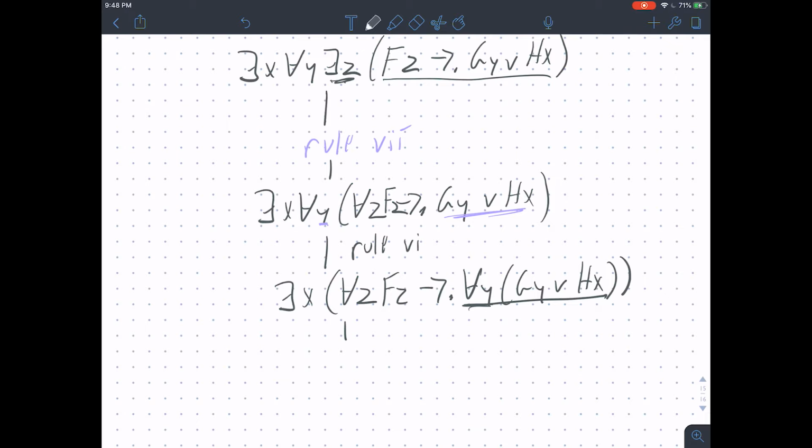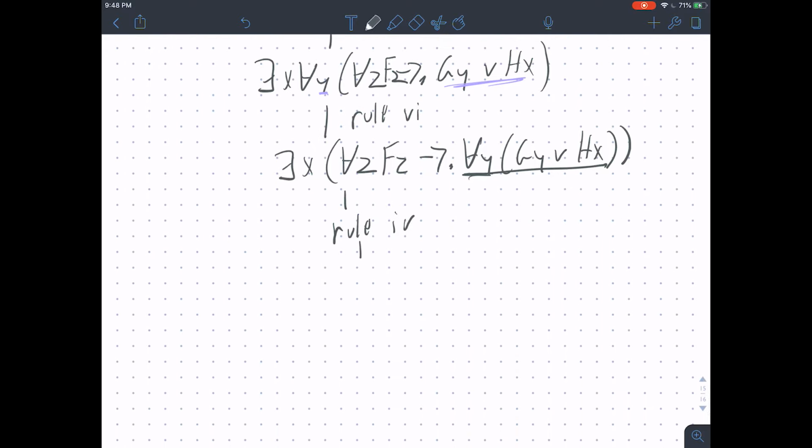I think this is rule 4. And that gives us, oops, that should be parentheses.